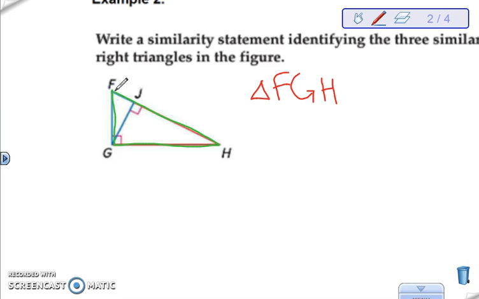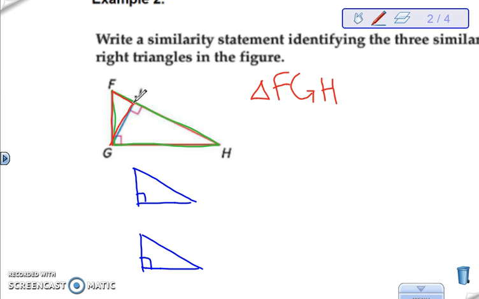Then what I want to do, if I can't really see how the other triangles shake up, or how everything lines up, is draw the other two triangles separately so it's a little bit easier to see. And so remember we said that any angle that matches from the large triangle needs to be in the same spot. So let's say that I want to do the smallest triangle here.